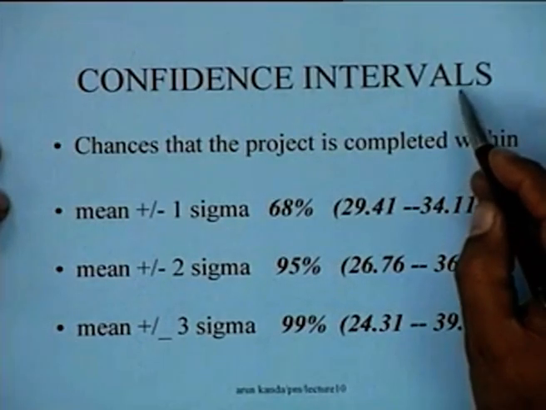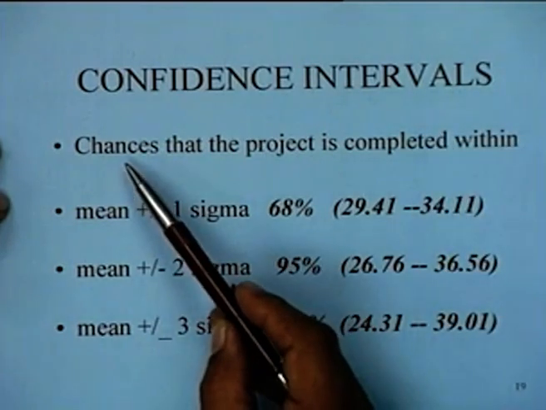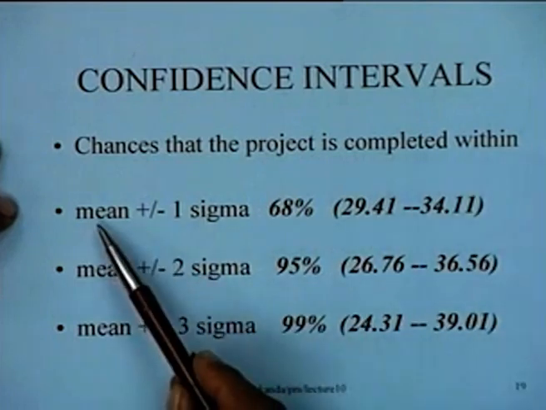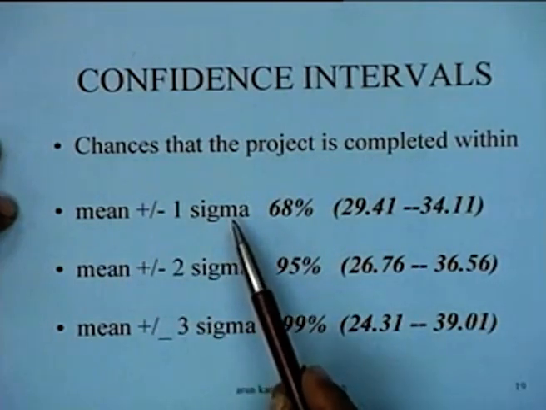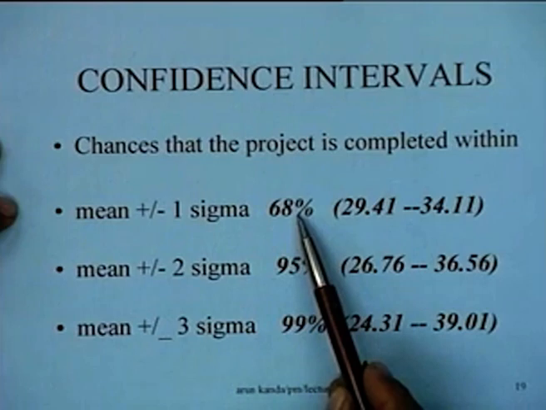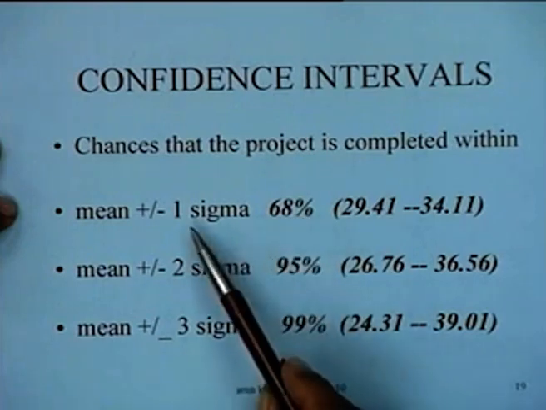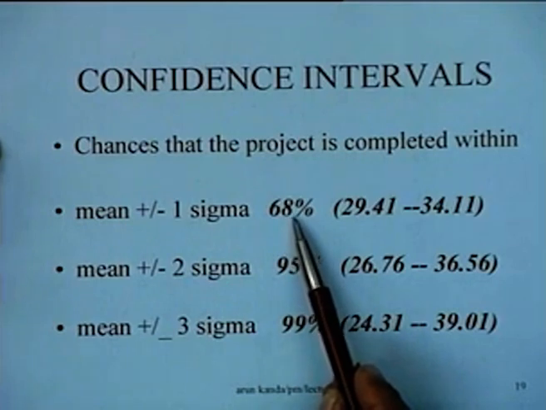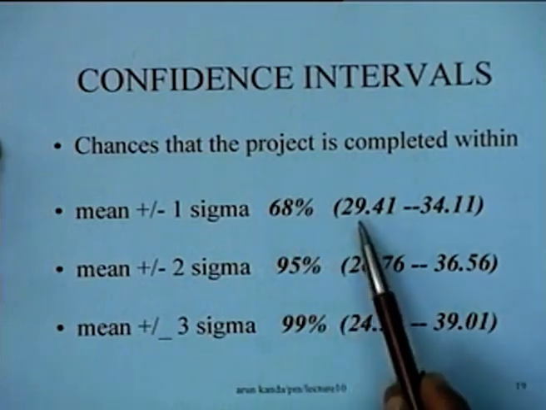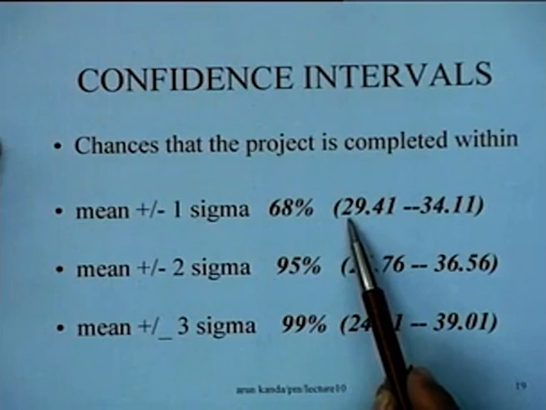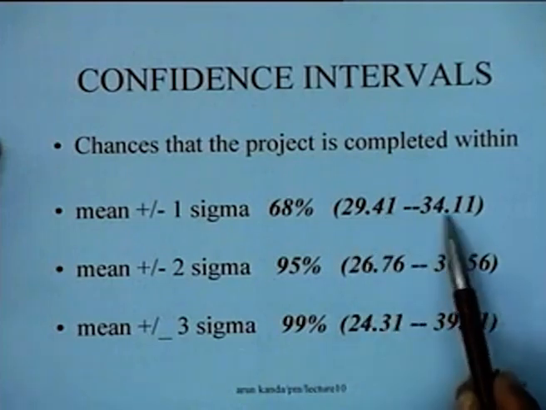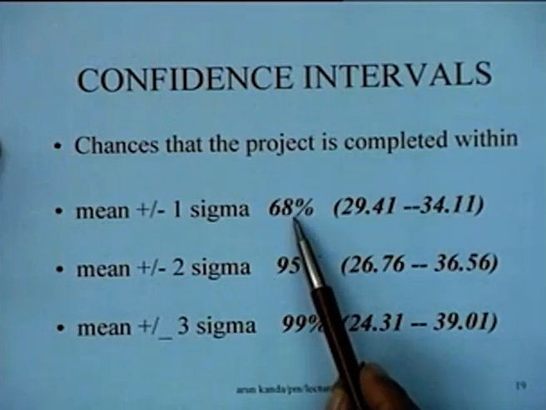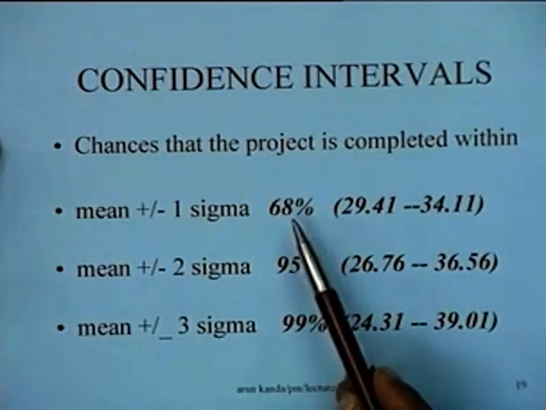What do we mean by confidence level? That means you can find out the chances that the project is completed within, if you take mean plus minus 1 sigma, the chances are about 68%, because within plus minus 1 sigma about 68% of the area of the normal distribution lies. So we can say that between 29.4 to 34.1 days, within this interval, there are 68% chances that the project would be completed.